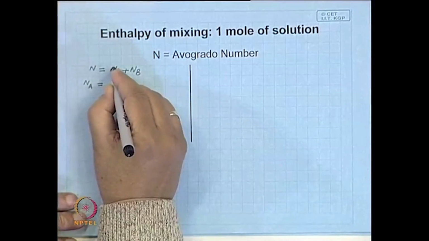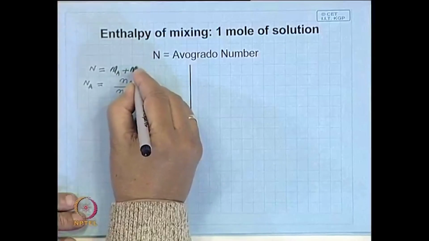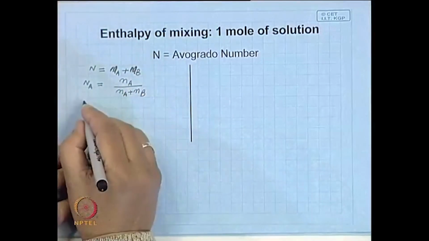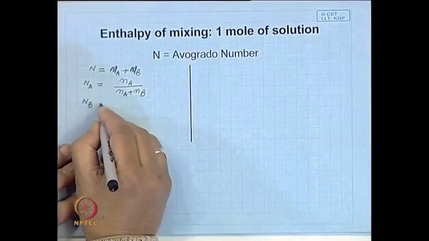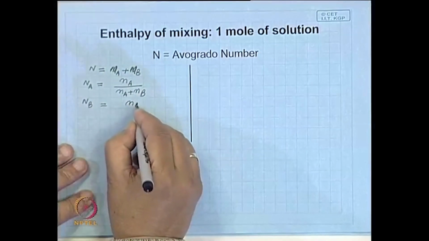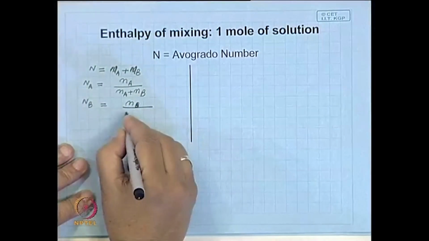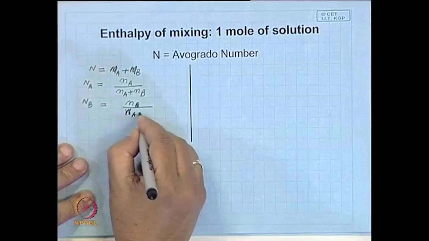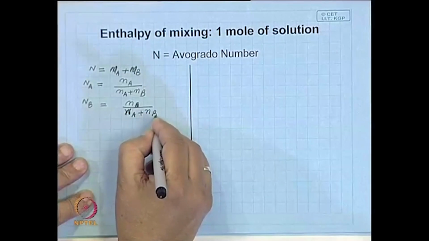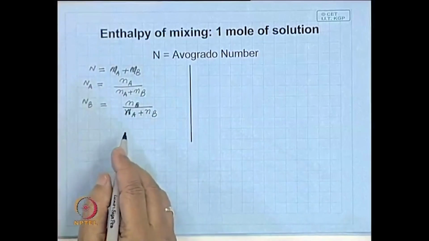Make this smaller n. Then the atom fraction of B will be Nb over Na plus Nb.